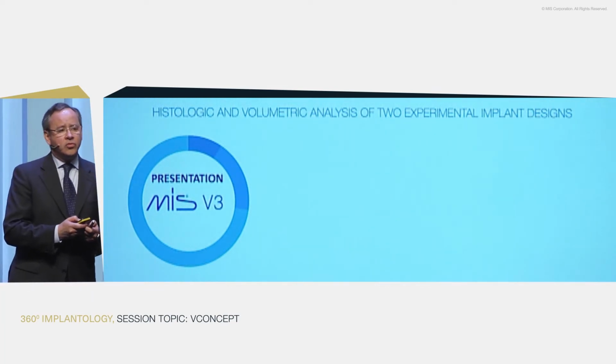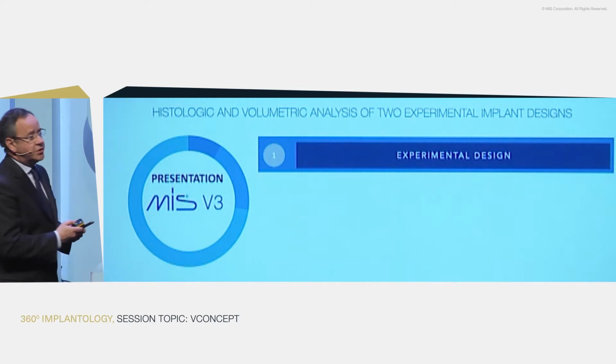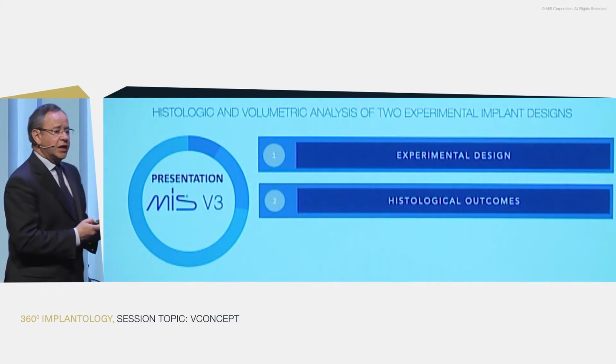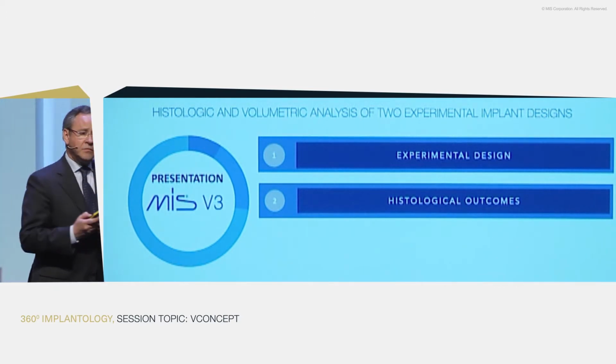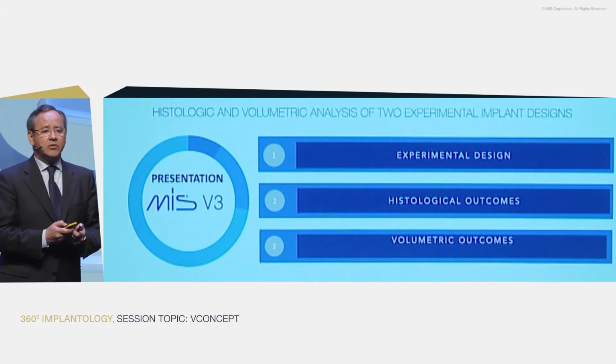So we are going to set up our presentation, where I will present first the experimental design, and I will present the histological outcomes, and then Dr. Ignacio Sanz will present to you the volumetric outcomes.